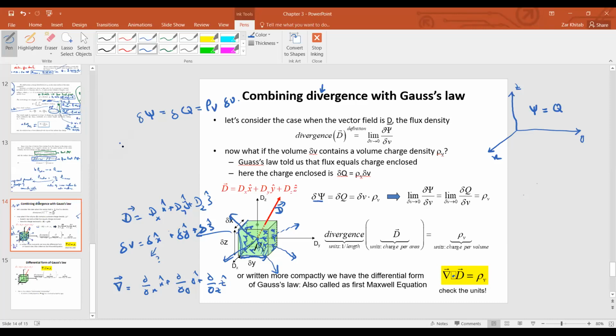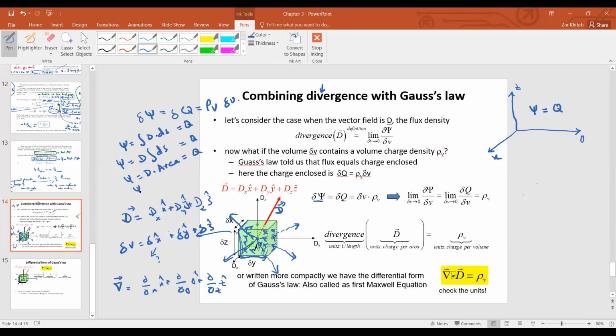So psi equals the integral of D dot dS, which equals the charge, where dS is the area. So psi equals D dot area, which equals charge.